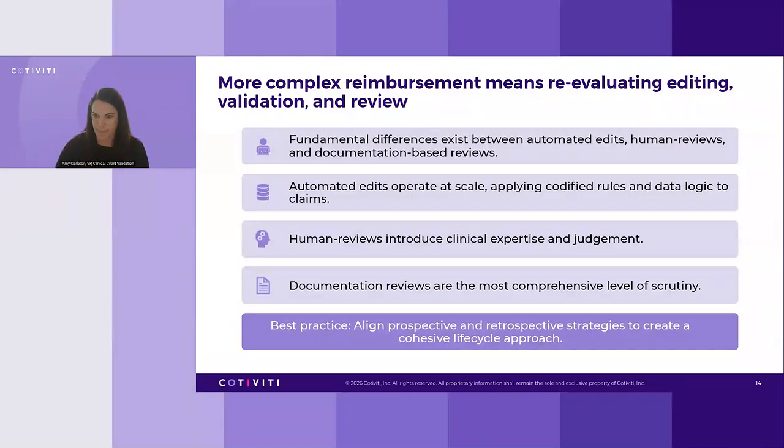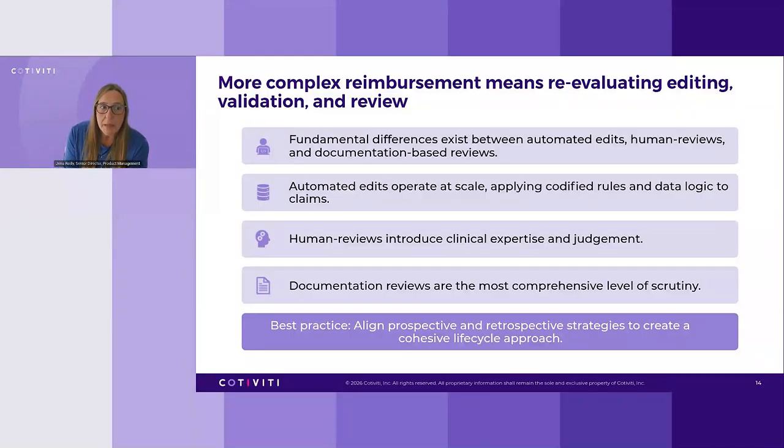Yeah, absolutely. So transitioning from the data to the intervention point, if you will, there's fundamental differences between the intervention points, from automated edits to human reviews to documentation-based reviews. And understanding these distinctions is critical to building an effective strategy to addressing overpayments in inpatient spend.